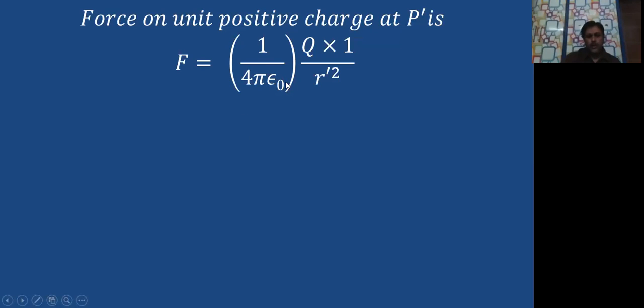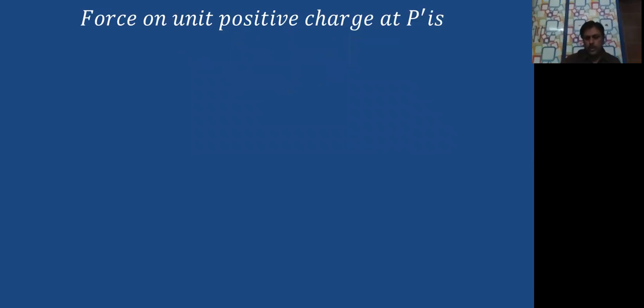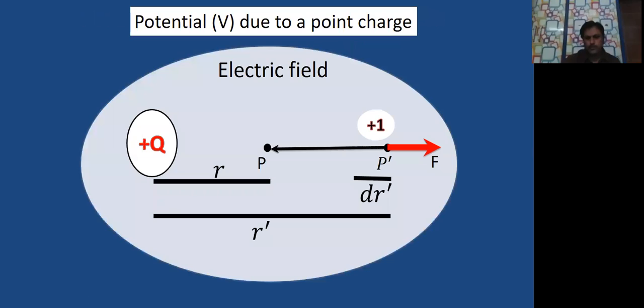F is 1 by 4 pi epsilon 0 Q1 Q2 by R square, where R is the distance of that charge. Now if you see in the earlier diagram, this is Q, this is 1. So two charges, this is Q1, this is Q2. Q1 is plus Q, Q2 is plus 1. Q into 1 will become Q.